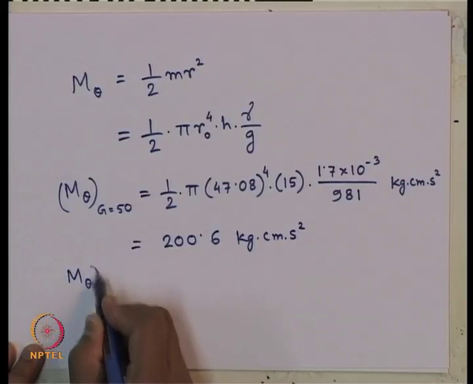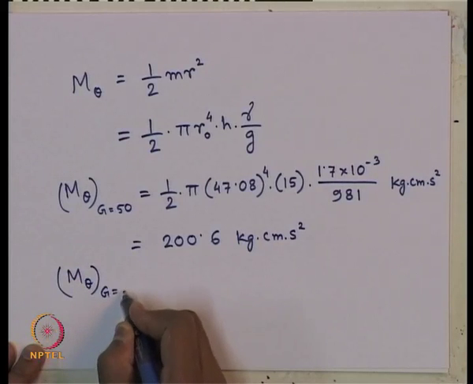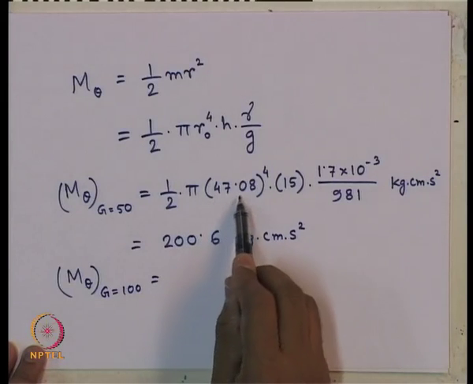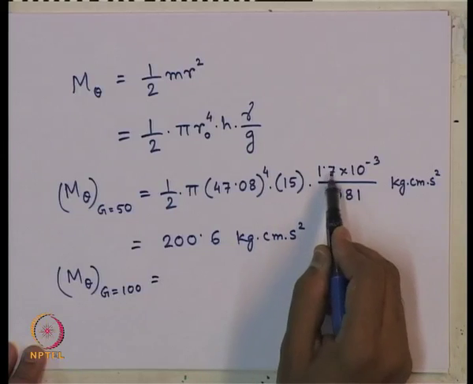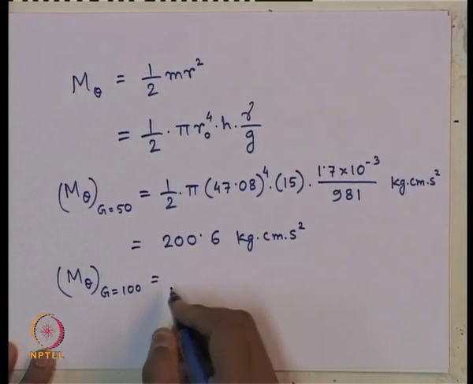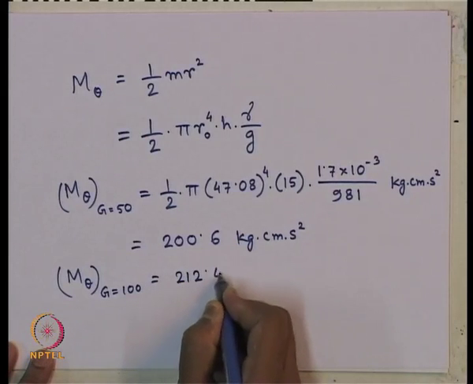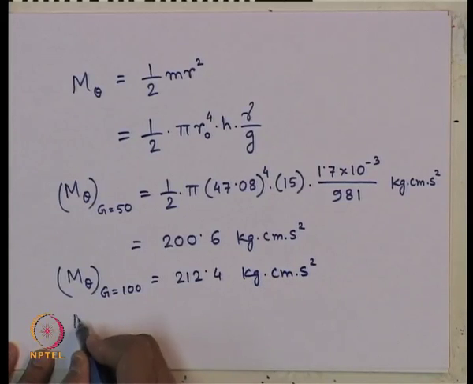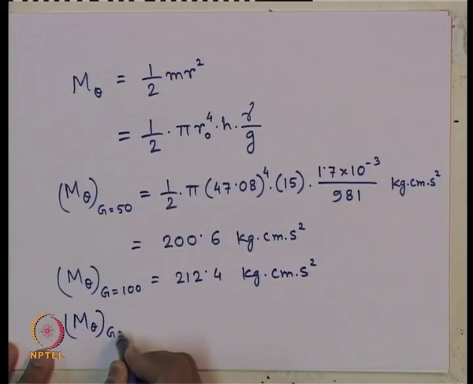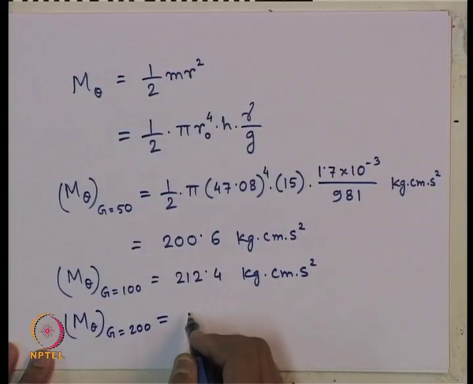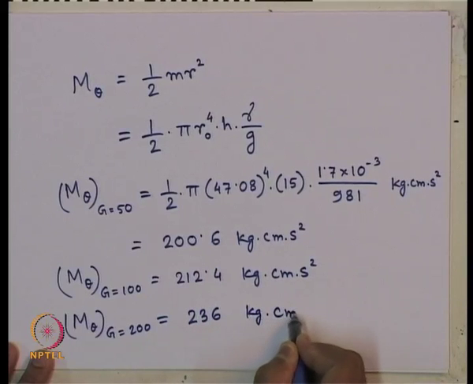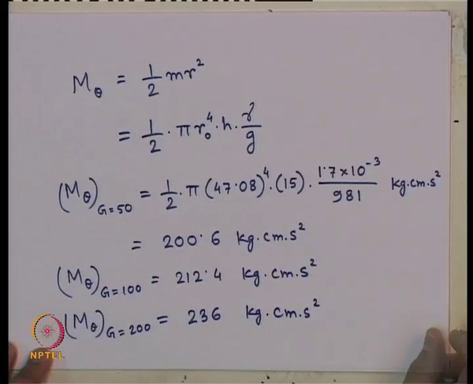In the same way, we can get m theta for the other two types of soil. For G equals 100, these values all remain the same, except the change in the value of gamma. So, 212.4 kg centimeter second square, and m theta for G equals 200 will be 236 kg centimeter second square.